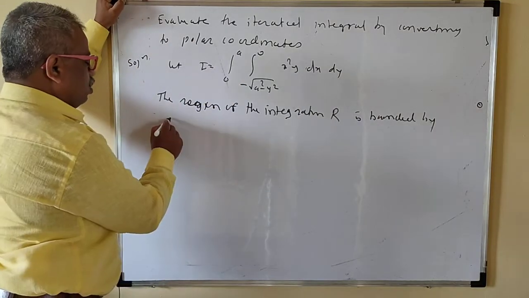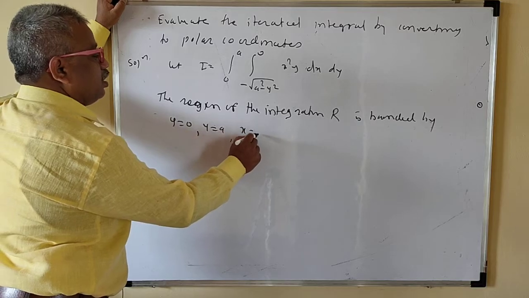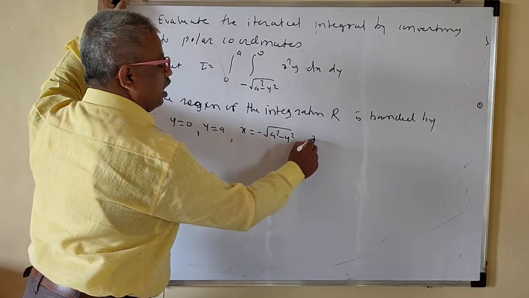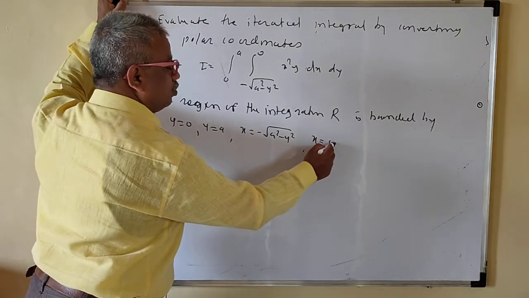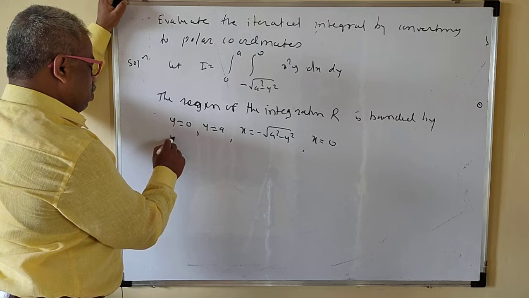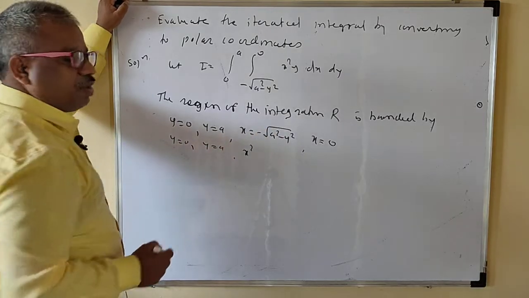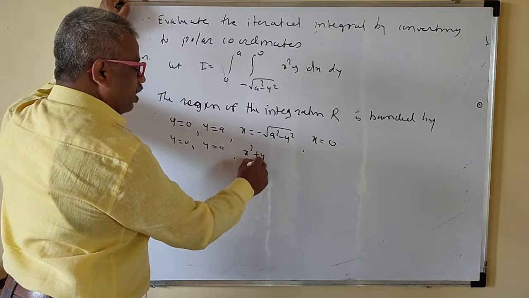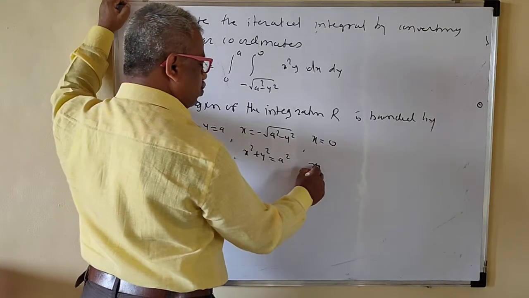So bounded by y is equal to 0, y is equal to a, x is equal to minus root of a square minus y square, and x is equal to 0. If you take the square of this one, this is x square plus y square is equal to a square, and x is equal to 0.